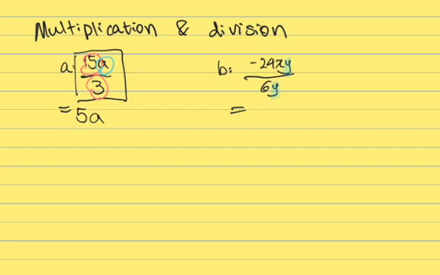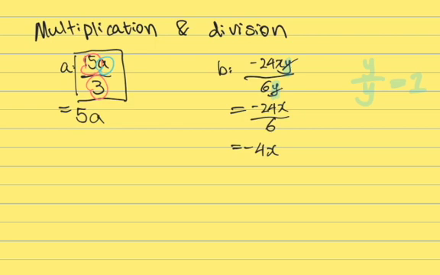So we can cancel them out because y divided by y basically equals 1. Left with negative 24x divided by 6. And now it's pretty obvious that we can divide negative 24 by 6, which equals negative 4. There's nothing that x can be divided by, so we just write it down. The answer is negative 4x.